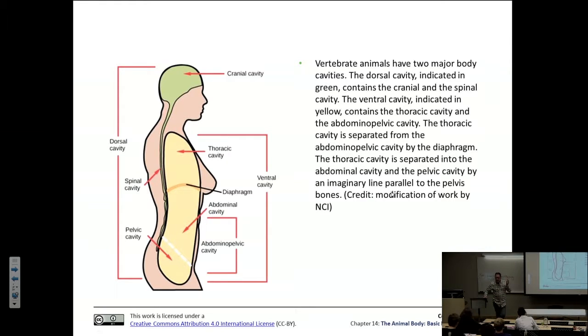A third category is connective tissue. That'd be like ligaments and cartilage, but also includes some surprising things like blood and fat. So we've got nervous, epithelial, connective, and finally muscle tissue.